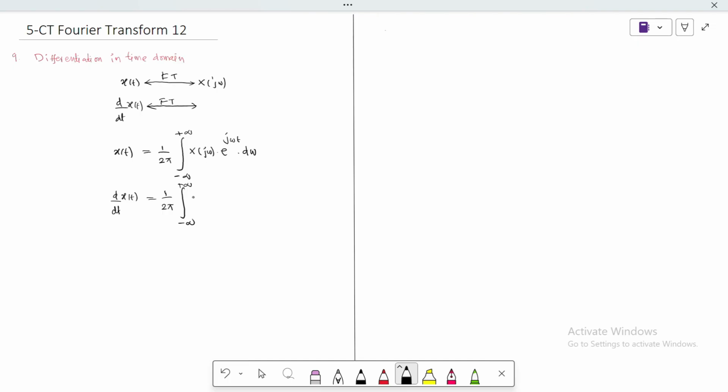X(jω) is a constant with respect to t, so we leave it, and take the partial derivative of e^(jωt) dω.